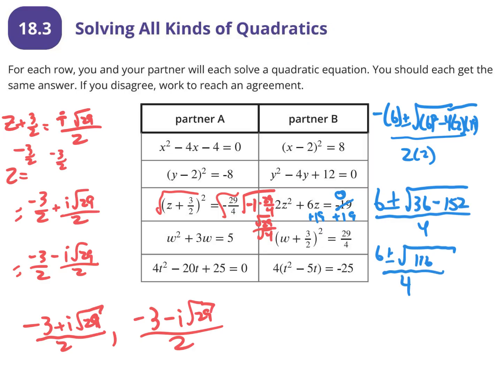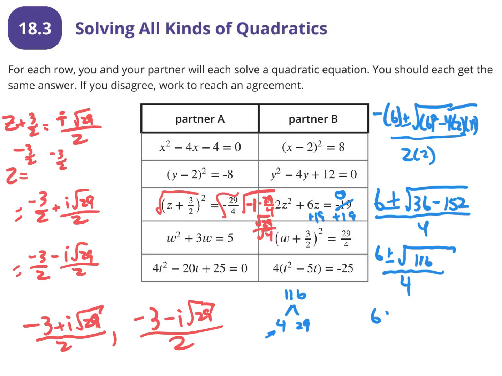Now I have to divide this by perfect squares to see if this is factorable by anything. The largest perfect square is 4 and 29. So when you simplify a radical, you must divide it by a perfect square.